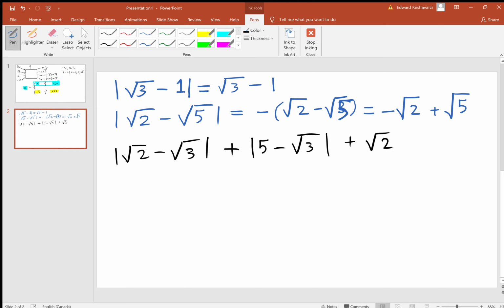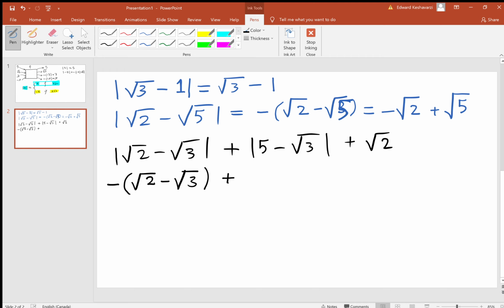Okay, look at the inside of the first absolute value. Obviously, inside the absolute value is a negative number. Why? Because the square root of 2 is less than the square root of 3. Therefore, how do you change its absolute value? You put a negative in front of that expression.